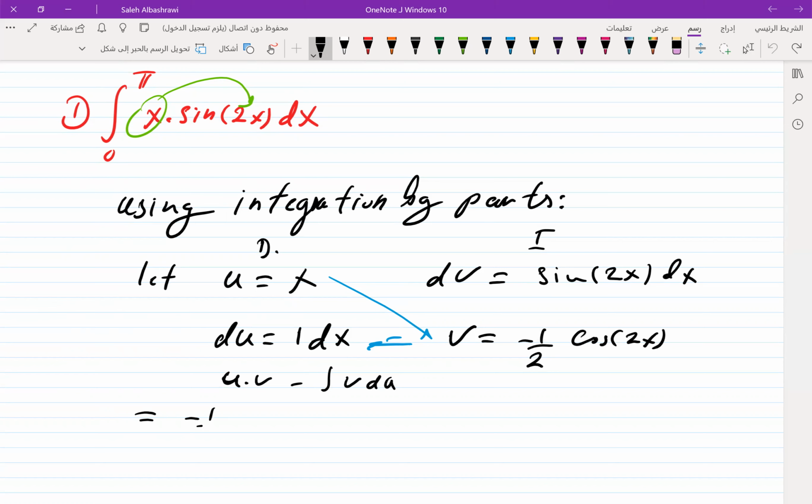So I will have minus 1/2 x multiplied by cosine 2x, and the limit between 0 to pi, we shouldn't forget this one, minus the integration of minus 1/2 cosine 2x multiplied by du, which is 1 dx.